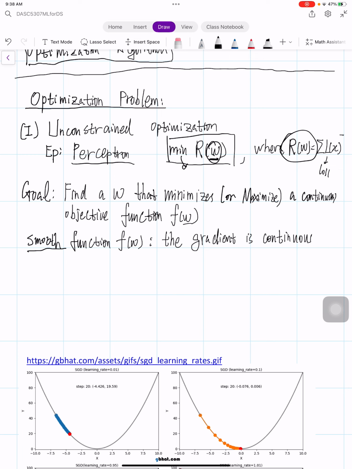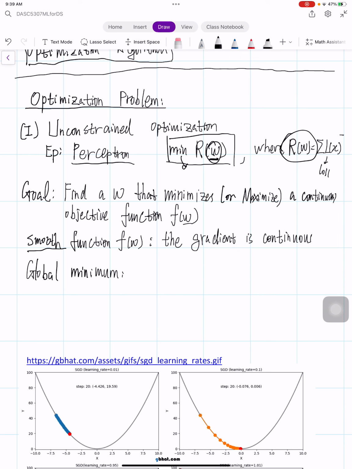So there are two types of problem. One is called the global minimum, which means we want to find a global minimizer.